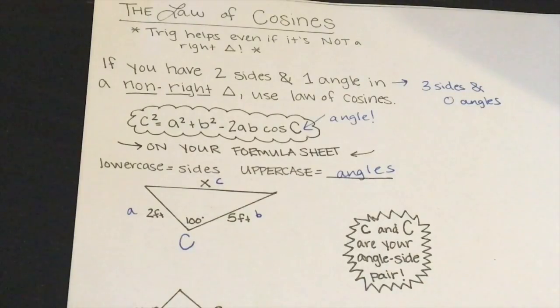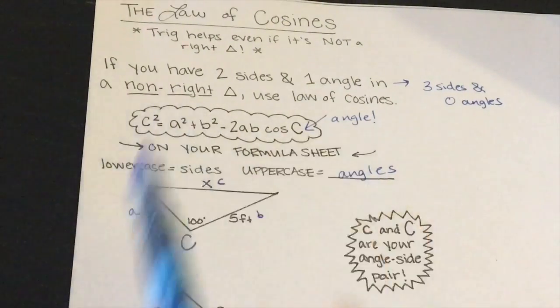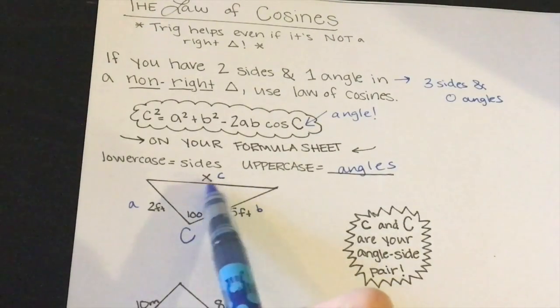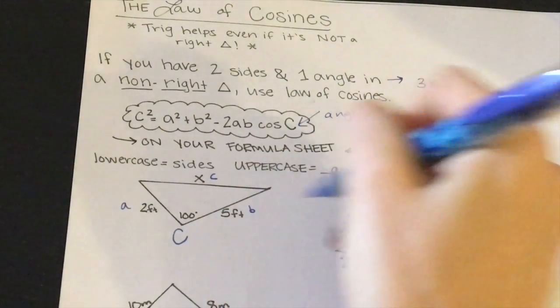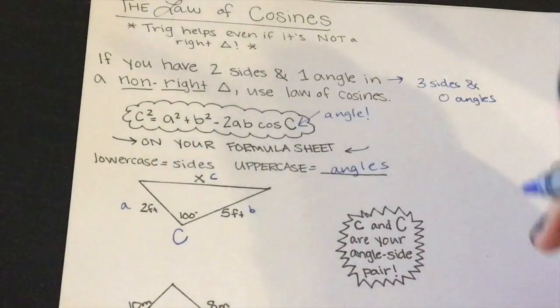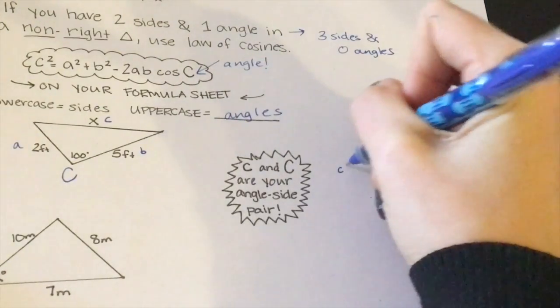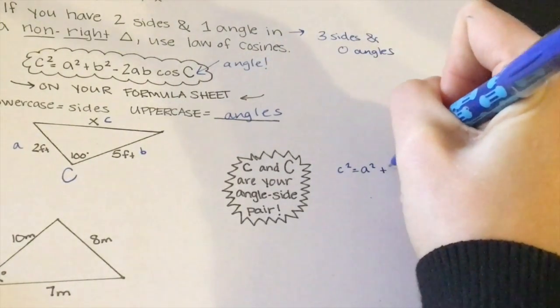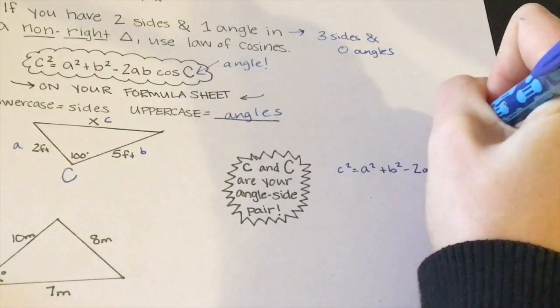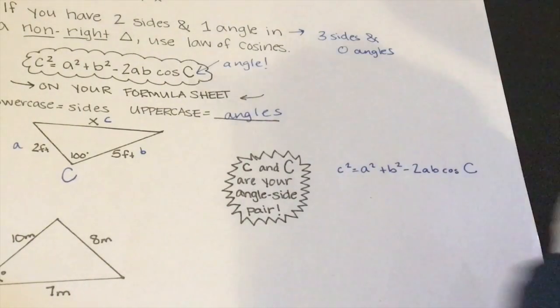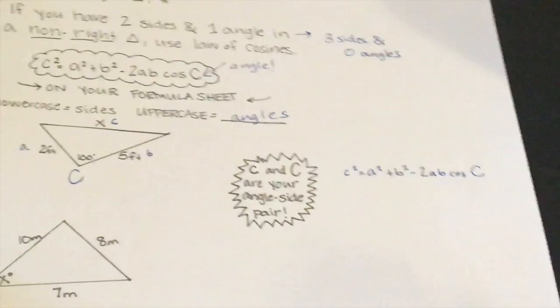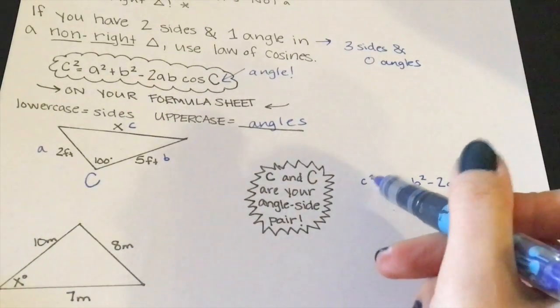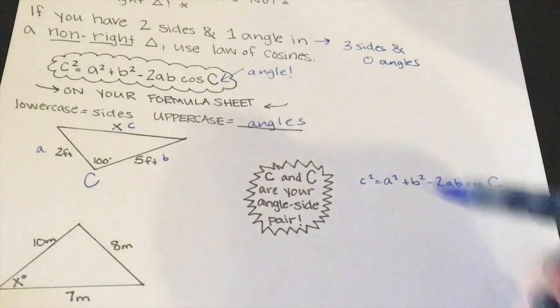So what I do now to find the value of x is I plug all that into this formula and then I can solve for c. So on the side here, I'm just gonna write my whole formula. c squared equals a squared plus b squared minus 2ab cosine C. Whew, okay. So I don't know what c is. I could replace it with x, that's fine.